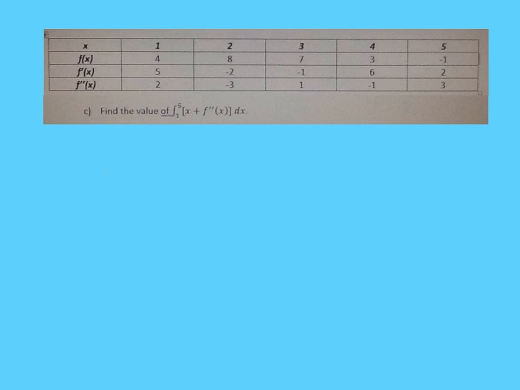Just remember, the fundamental theorem of calculus says that the integral from a to b of some function is equal to the antiderivative of that function at b minus the antiderivative of that function at a. So this is what we're looking for here, okay?